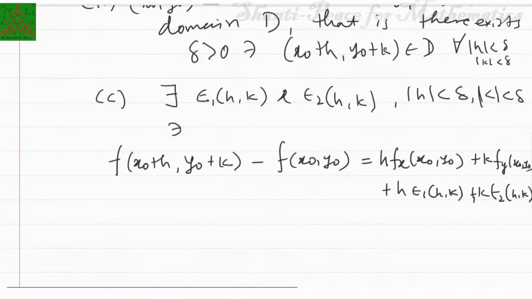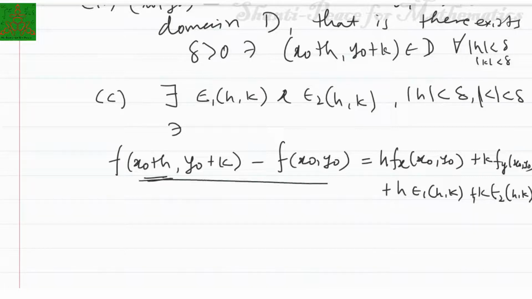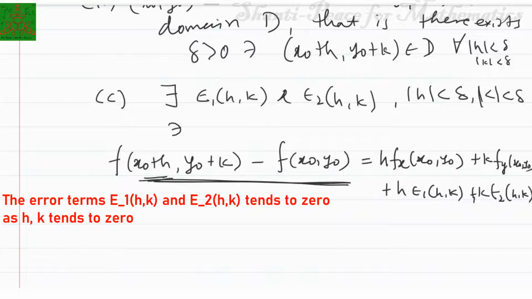Here there are two variables, so it is the change in the function from x0 plus h to x0 and y0 plus k to y0, and these are the derivatives: h in the x direction and k in the y direction, and these are the error terms you will have.